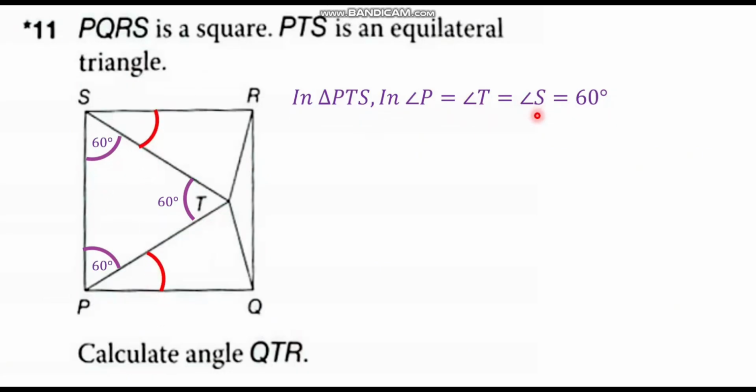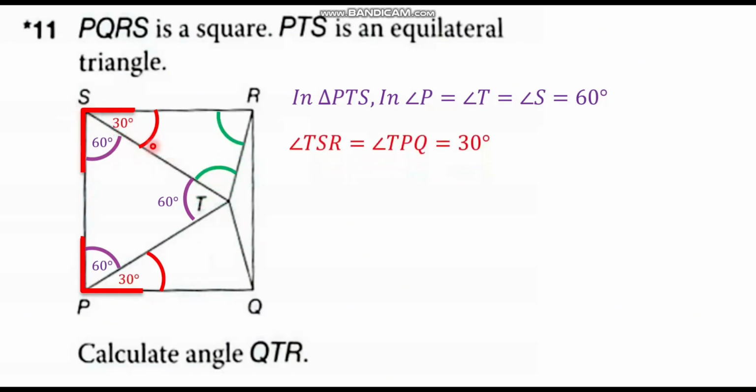Now we can figure out these angles, like TSR and TPQ. We can see that these are two perpendicular sides. So TSR will be 30 degrees and TPQ will also be 30 degrees, because if we subtract 60 degrees from 90 degrees, we get 30 degrees.